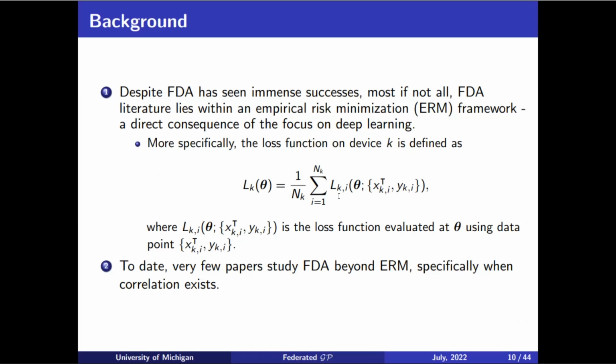Here, l_ki is a loss function evaluated at theta using the data point x_ki and y_ki. In other words, the loss function on device k is separable and can be written in a summation form. To date, very few papers study FDA beyond this empirical risk minimization framework, especially when a correlation exists.